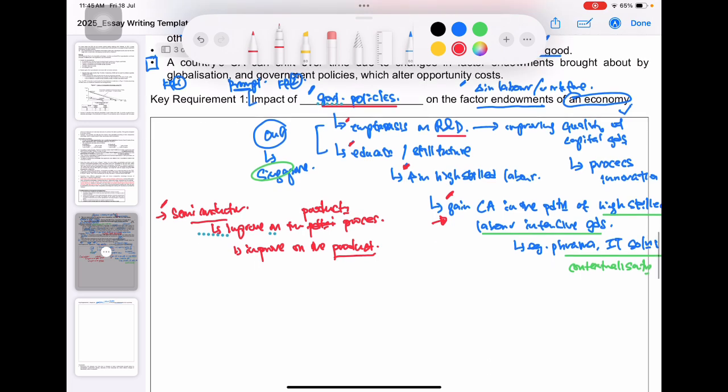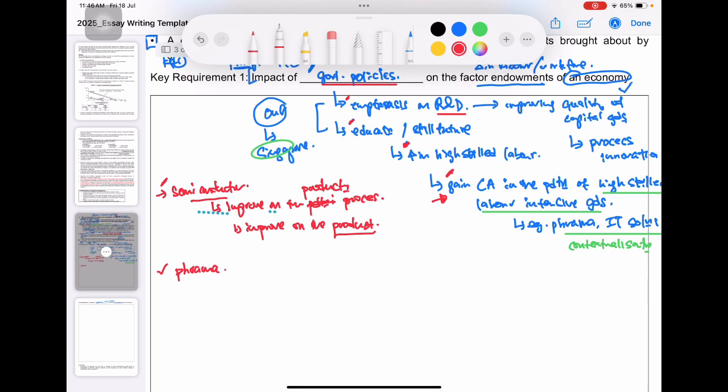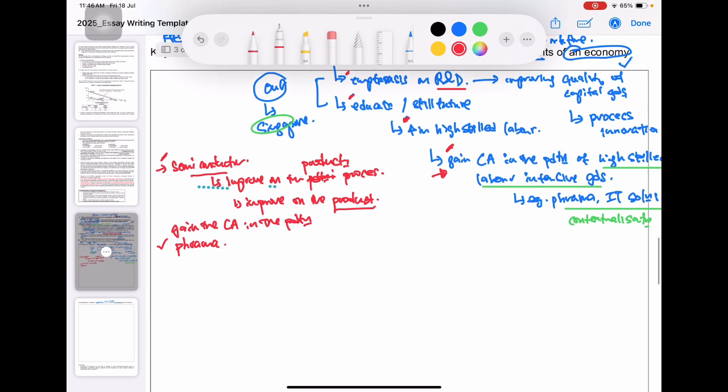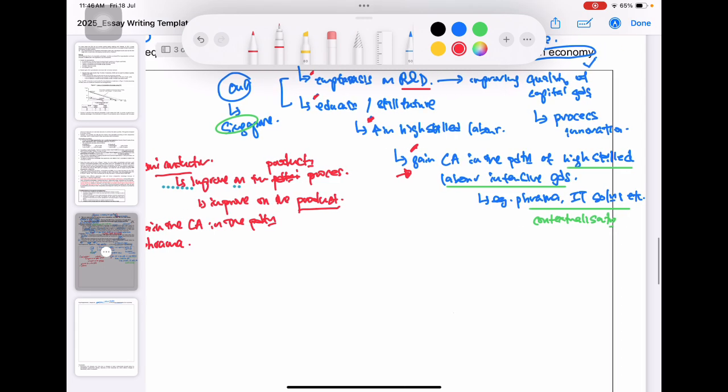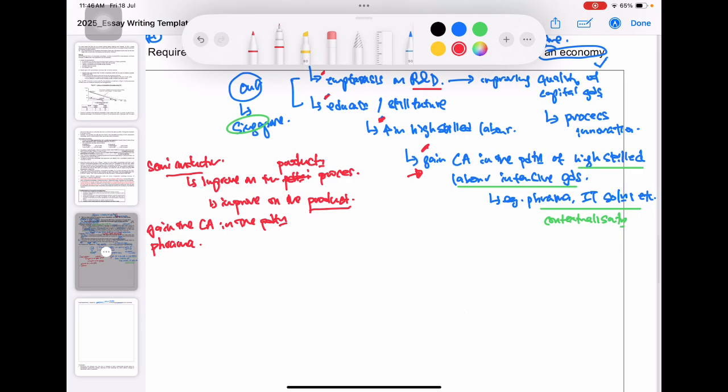Then over time, we also gain the comparative advantage in pharmaceutical product. Okay, pharmaceutical product, I think I mentioned to you in the lesson already, so I don't want to go on, but it is actually gaining the CA in the production. Okay, so this is actually, I would say, the standard phrasing. Okay, gain the CA in the production.